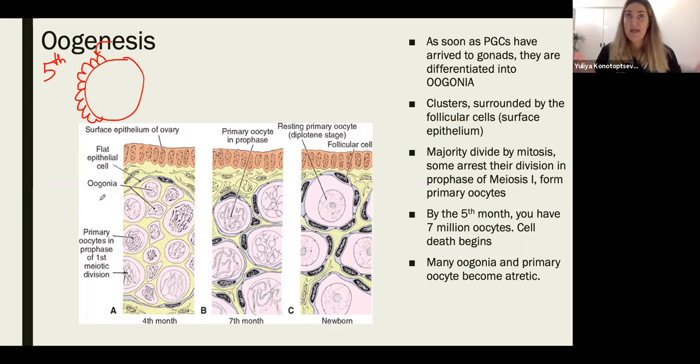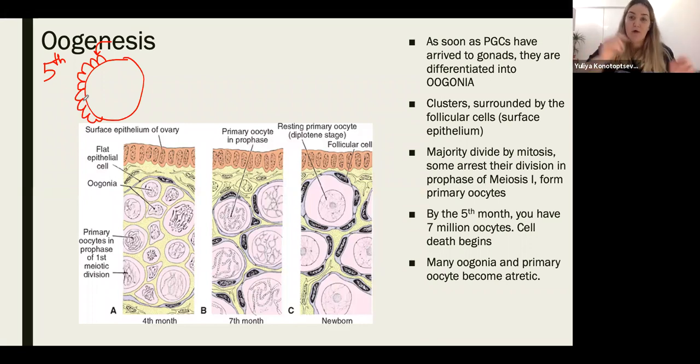In women, they cannot come from epiblast because that means that women and men are equal, and it could not be. So they made a discovery that PGCs in the female actually come from surface epithelium of the gonad. As a result, this epithelium got the name germinal epithelium.